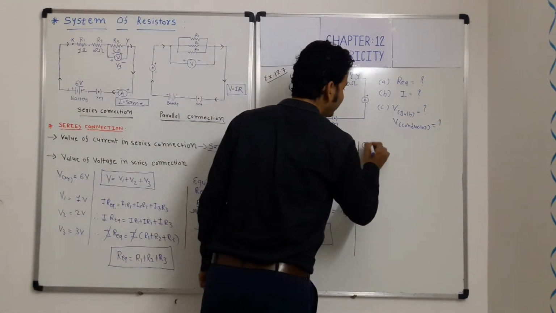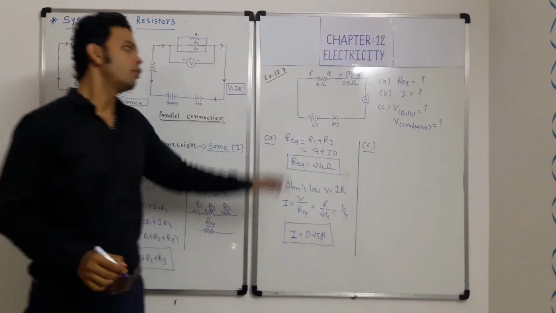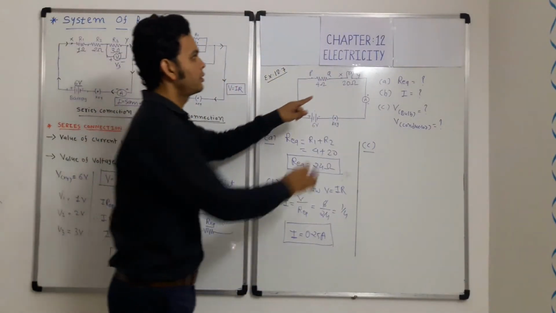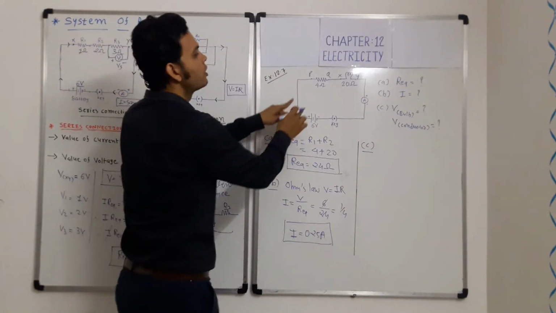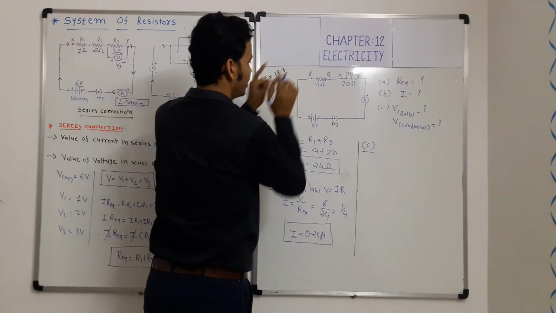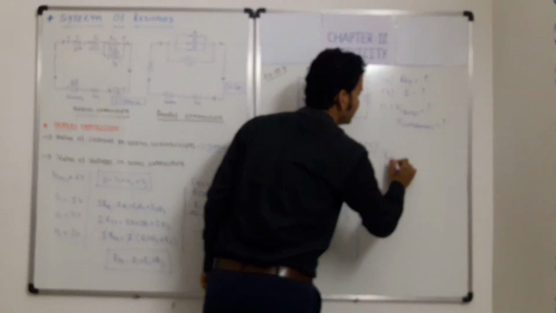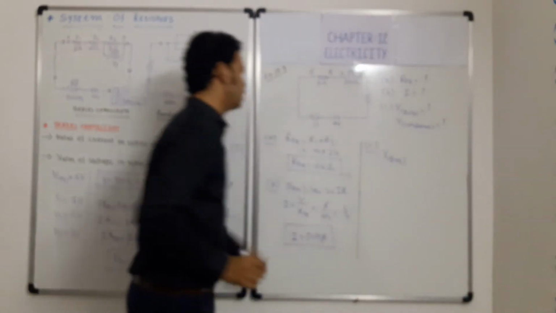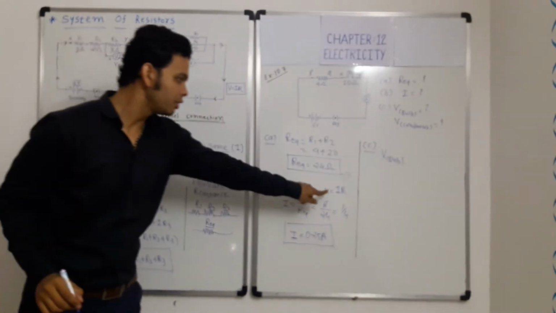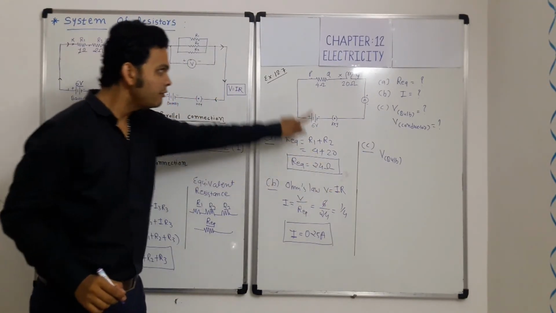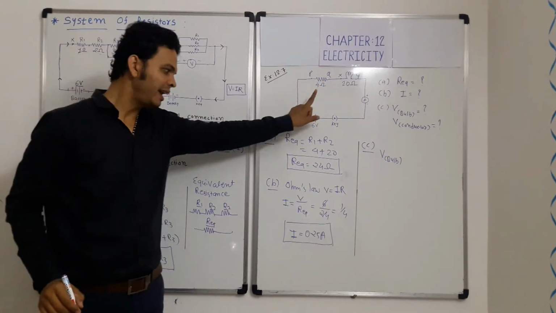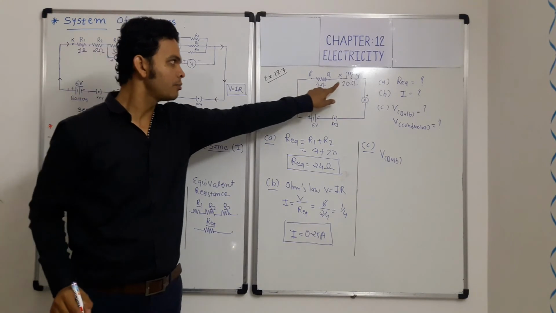Let us move to part C. What is the voltage across the bulb and what is the voltage across the conductor? So the voltage across the bulb, V bulb. Once again we use Ohm's law, V is equal to I into R. I remains the same for the entire circuit, but R for the bulb is this.